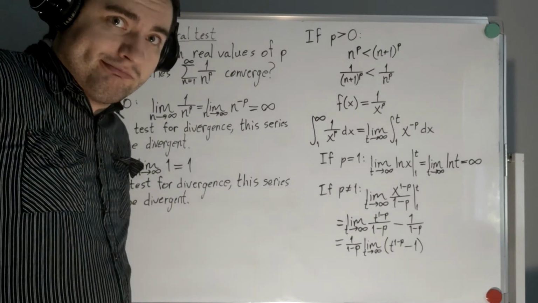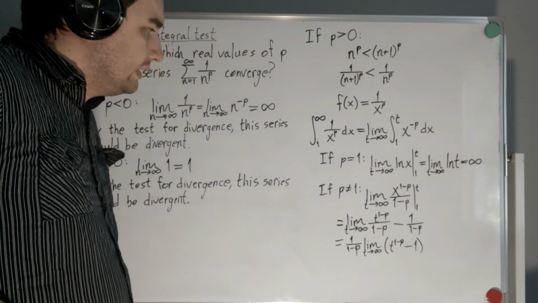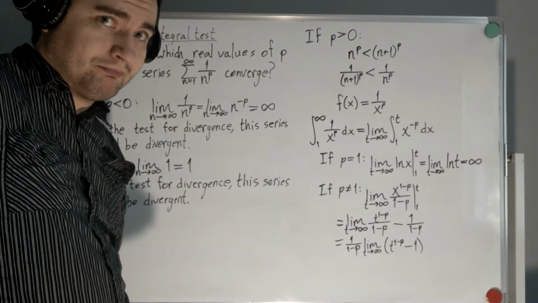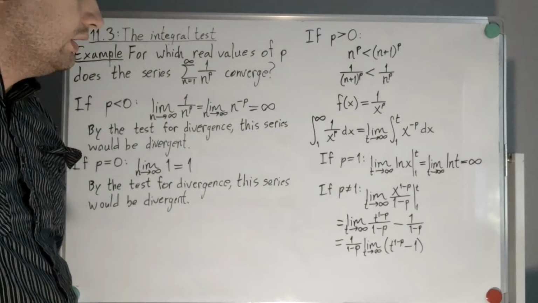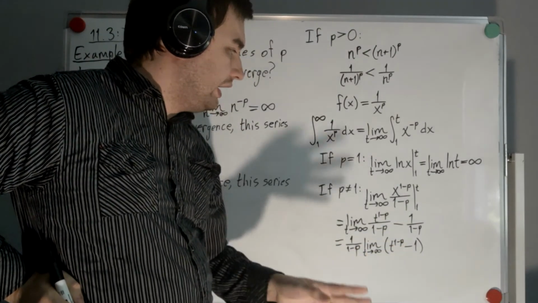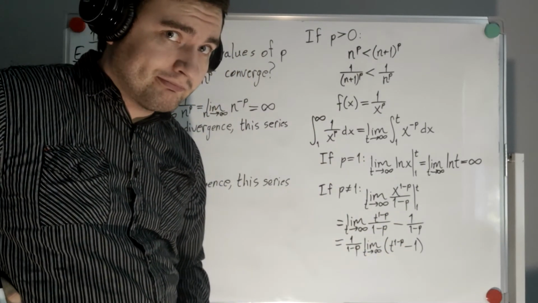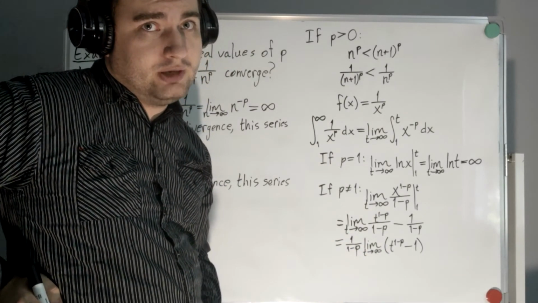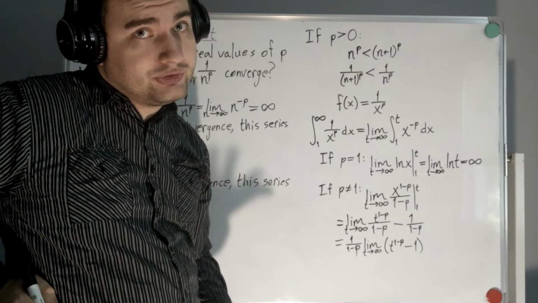So now, we're saying p is greater than 0, and it's not 1. If 1 minus p is positive, though, then this is going to approach infinity. If it's negative, it'll approach 0.